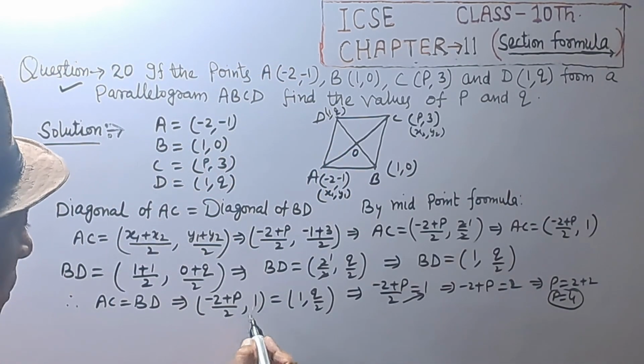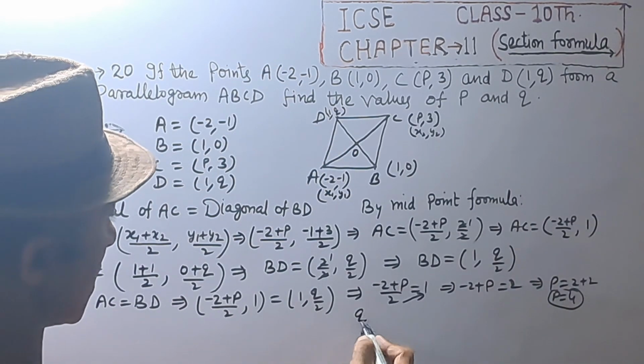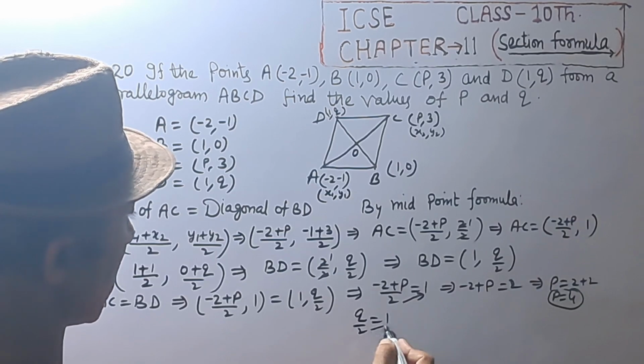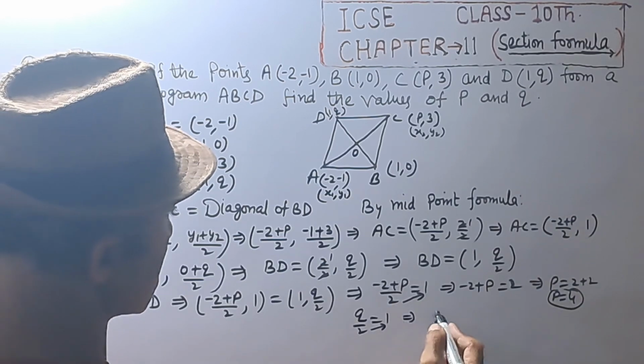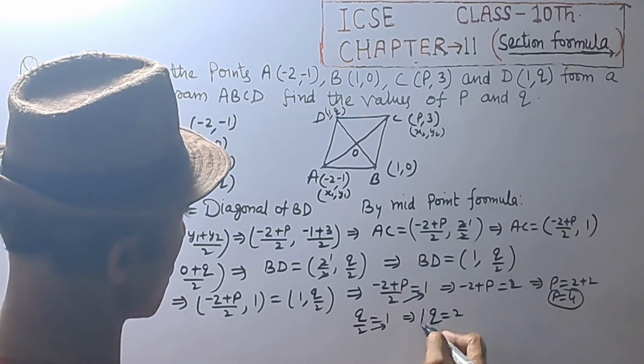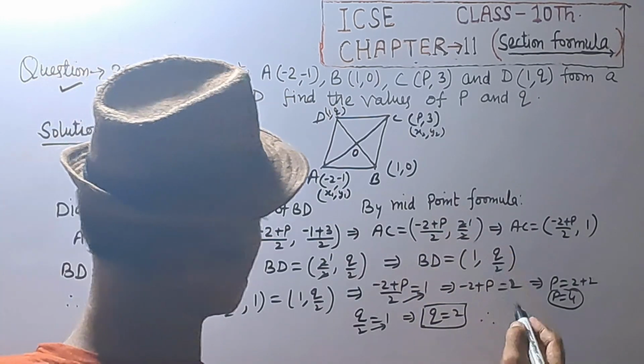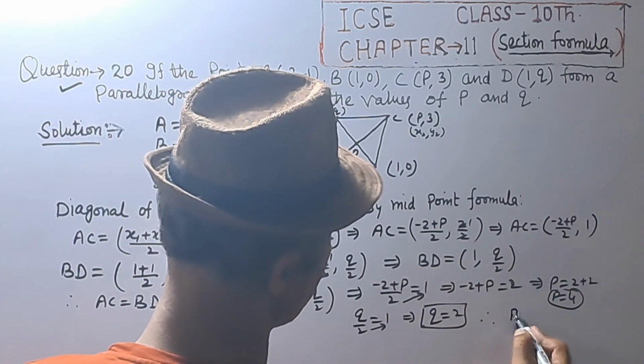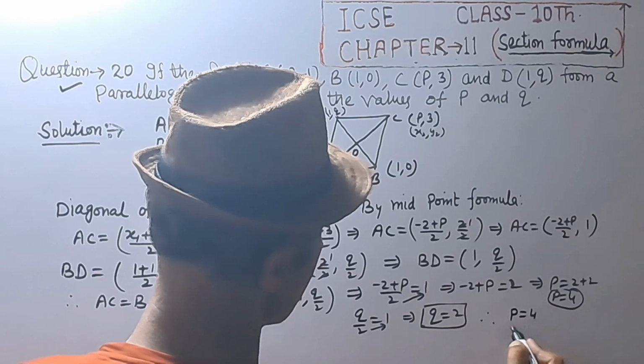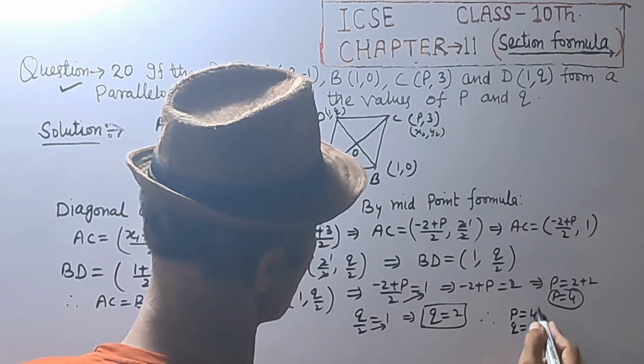And the second point, q upon 2 is equal to 1, which implies we get q is equal to 2. So the required values are p is equal to 4 and q is equal to 2.